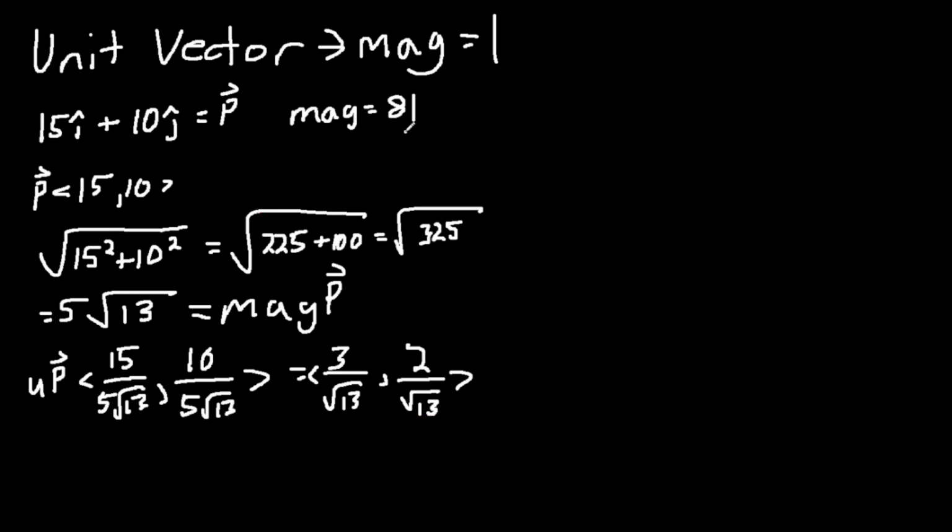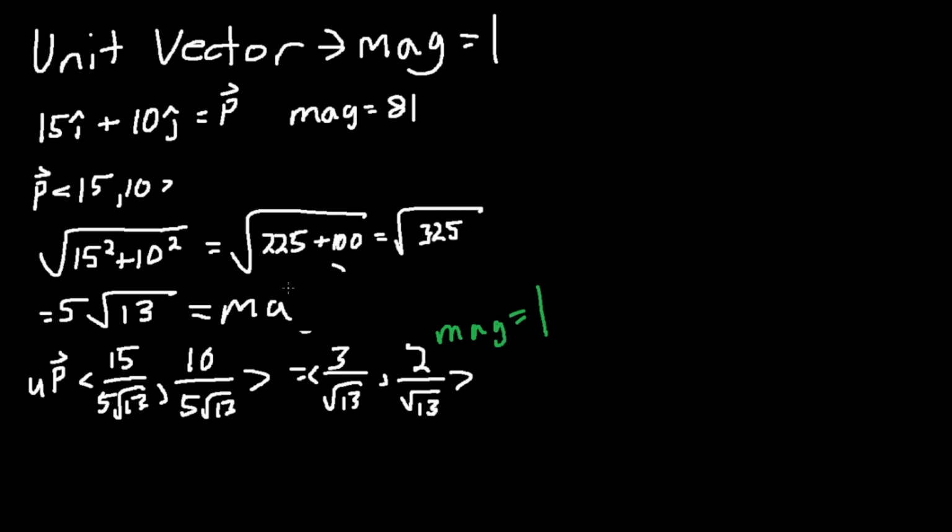Let's not do that. We're trying to find the magnitude of 81. If the current magnitude is equal to 1, what do we multiply 1 by to get 81? Well, that's easy. We just multiply it by 81.